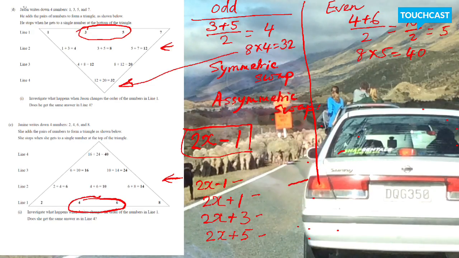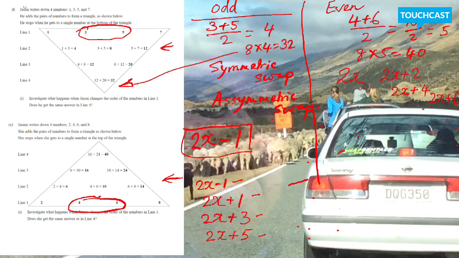And for the even numbers, I can say 2x is the first number, and then 2x plus 2, and then 2x plus 4, 2x plus 6.